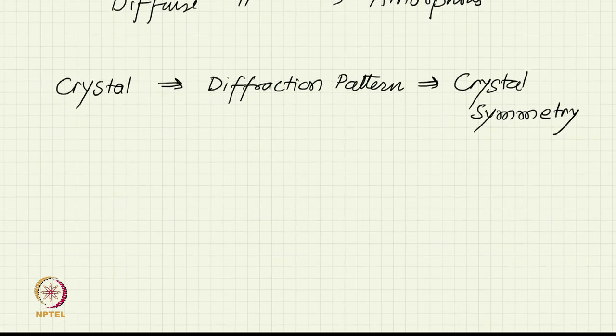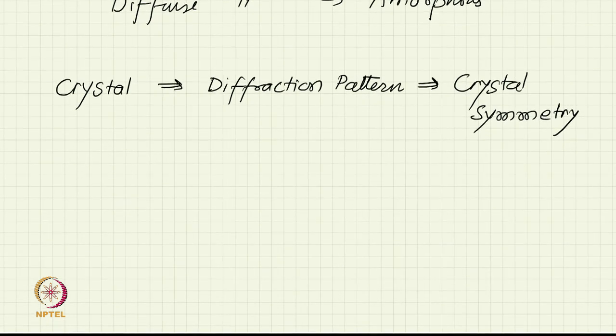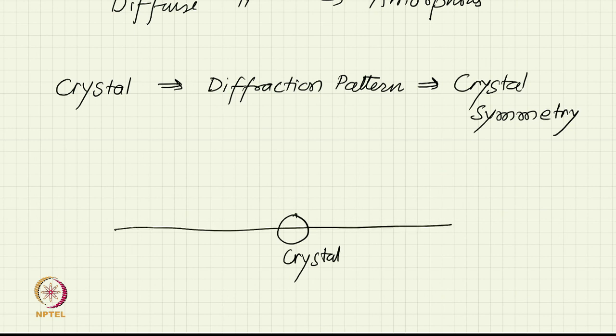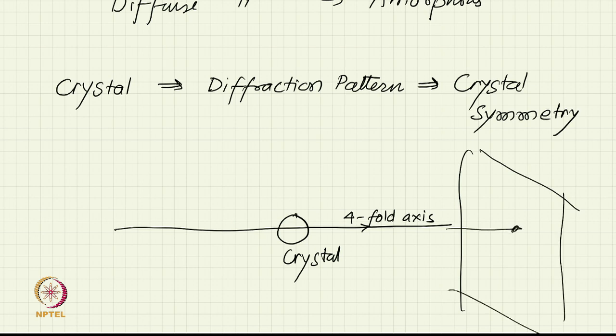For example, in Laue's experiment, if you have a crystal and suppose the beam is travelling along the fourfold axis of the crystal, then the pattern which you will get will also have the fourfold axis.